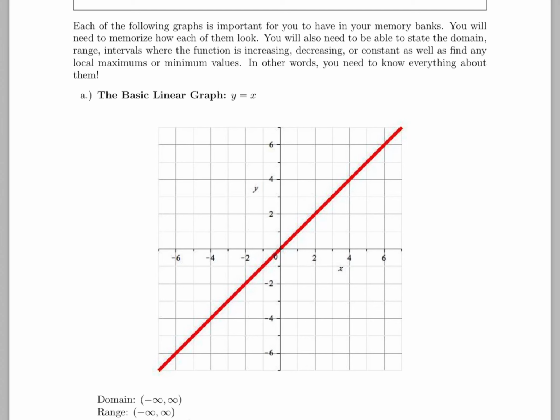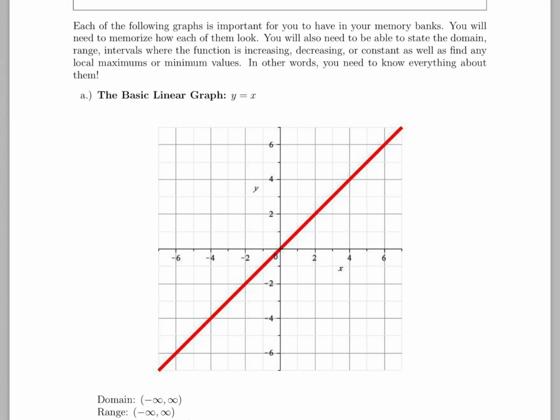If we look at where it is increasing, well, it's increasing all the way along this graph. We can see that because it rises as you go from left to right. So if we were to pick that x1 and x2 value like we did before within this open interval of negative infinity to infinity, we pick any two x values where x1 is less than x2, then we see that the function value of x1 is going to be less than the function value of x2.